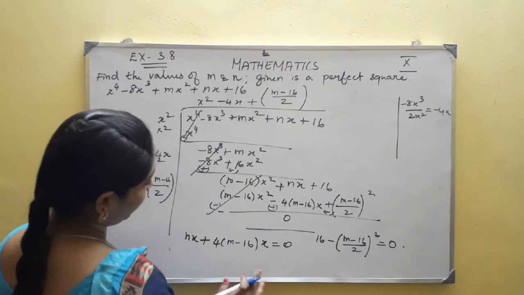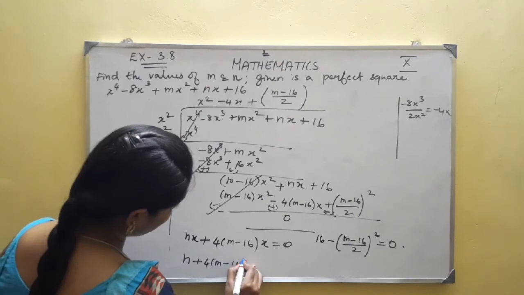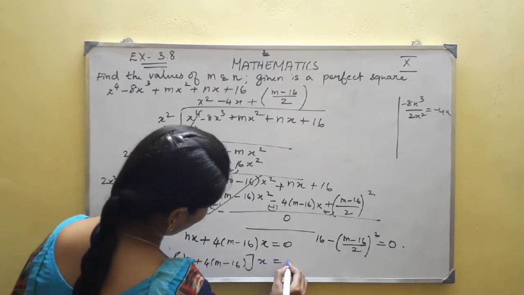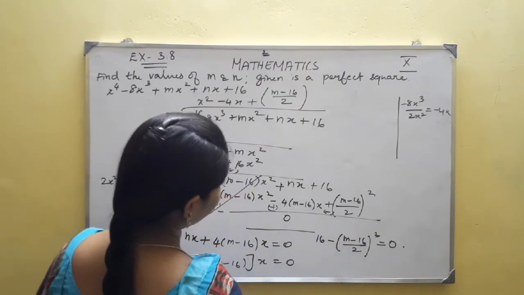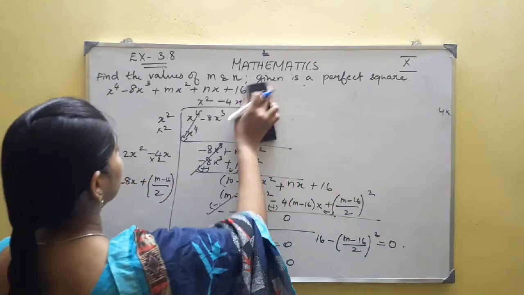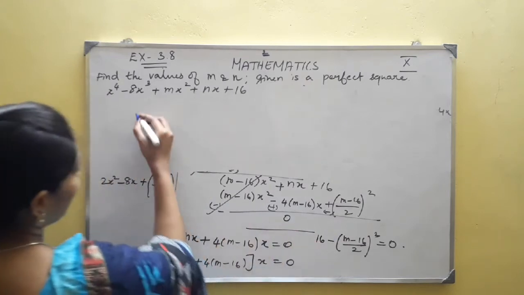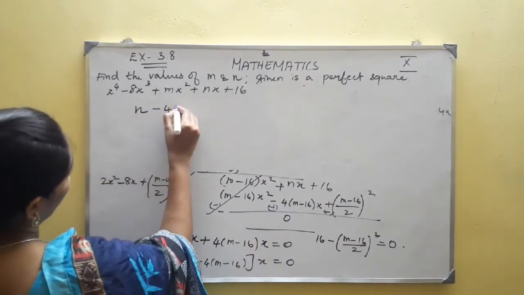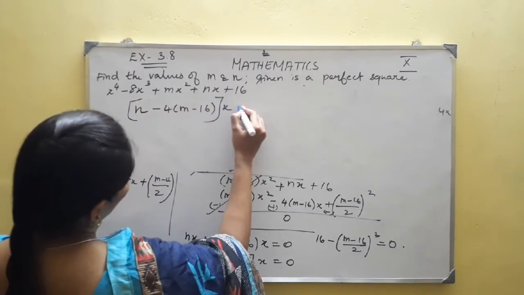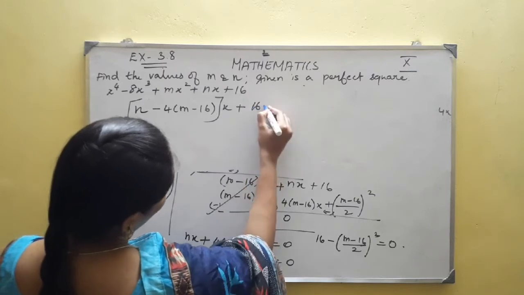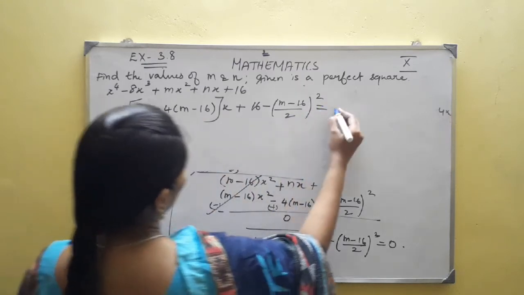Okay, so while approaching this problem, write n plus 4 into m minus 16 into x equal to 0. This is nothing but, I can rewrite this step as n minus 4 into m minus 16, into x plus 16 minus m minus 16 by 2 the whole square gives you 0.